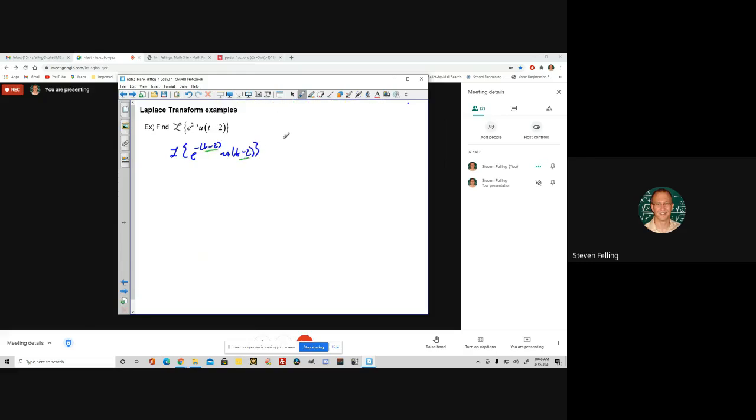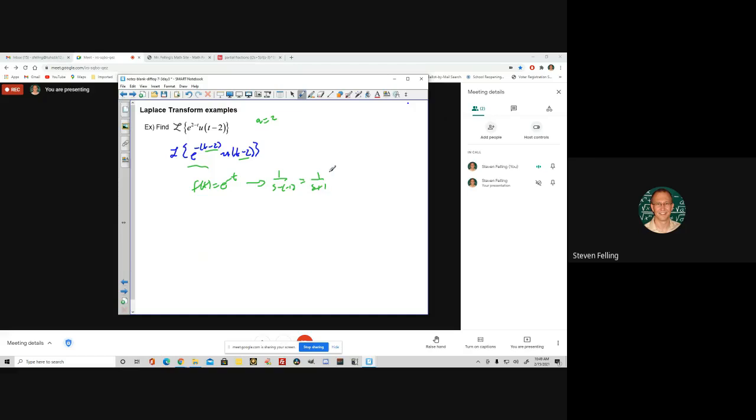So there's a property that says that if this is shifting, so if I have a is 2 here, because this is shifted over, then that means that my f of t here is really just e to the negative t, but with a shift, right? So the Laplace transform of e to the negative t would be 1 over s minus negative 1, or 1 over s plus 1, right?